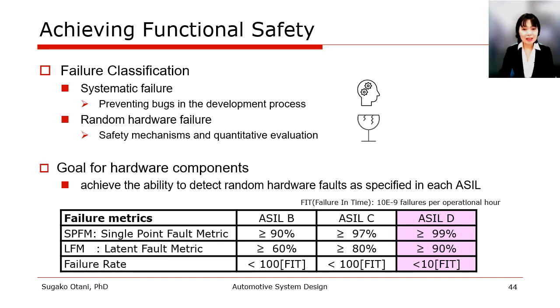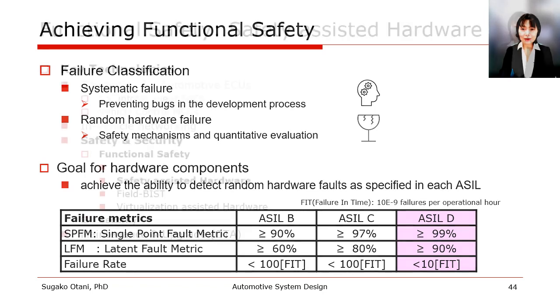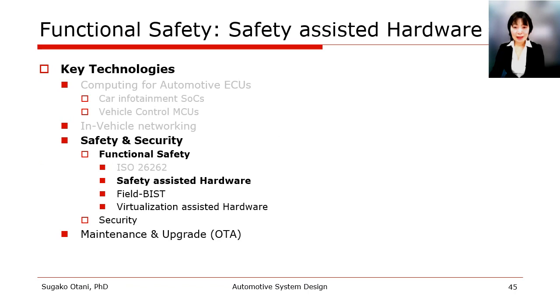The effectiveness of the solution to detect these random failures is measured by three metrics: single point fault metric, latent fault metric, and failure rate. The primary goal for a hardware component is to achieve the ability to detect random hardware faults as specified in each ASIL. Next, I will describe the safety-assisted hardware that enables the safety mechanisms.